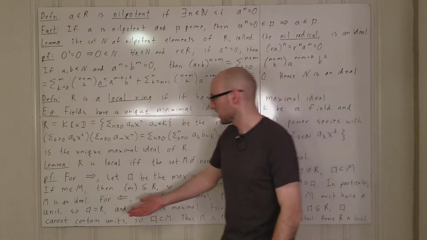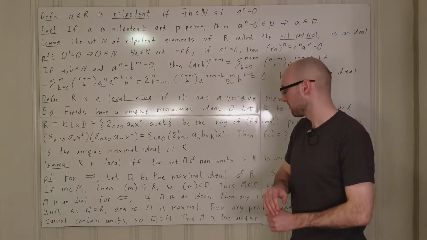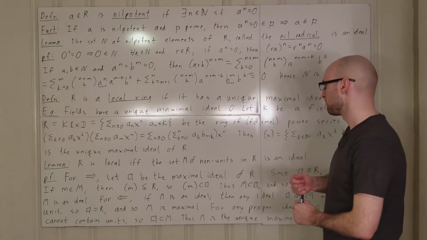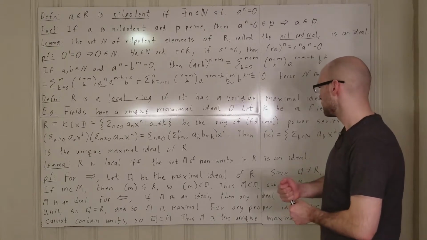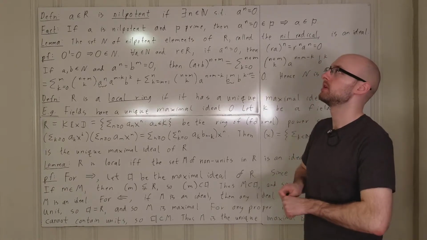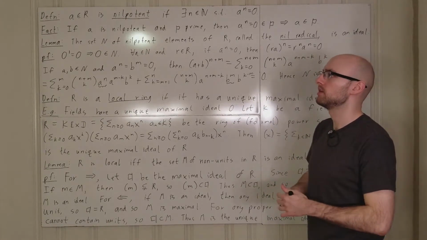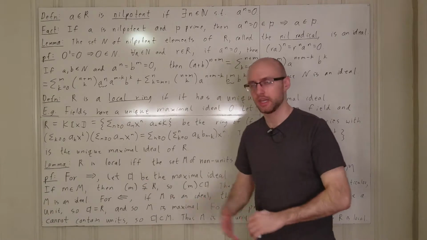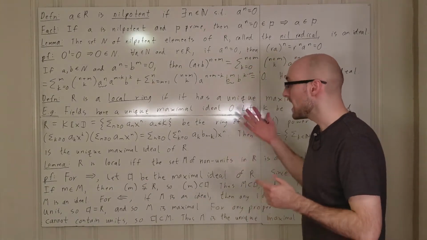And so in that case, A is equal to R. So what this tells us is that M is a maximal ideal, because the only ideal which properly contains it is the entire ring. So it is a maximal ideal.